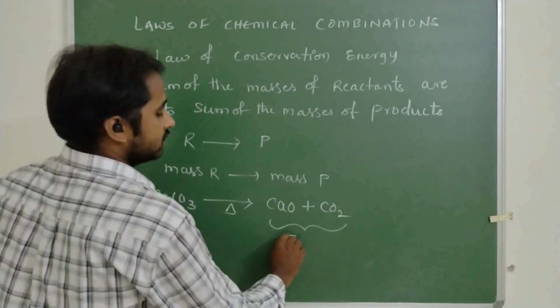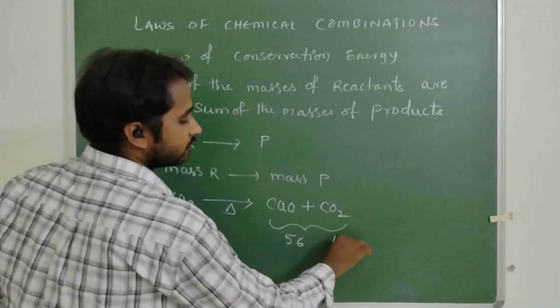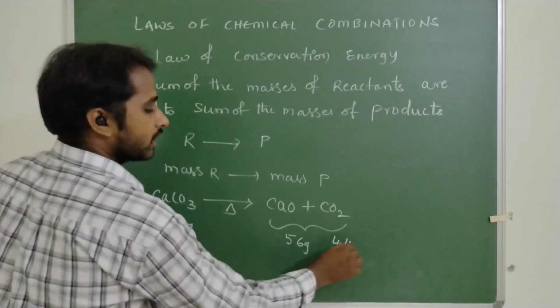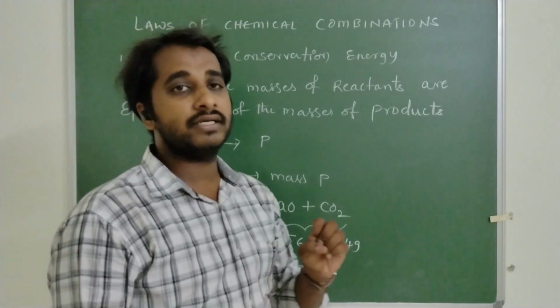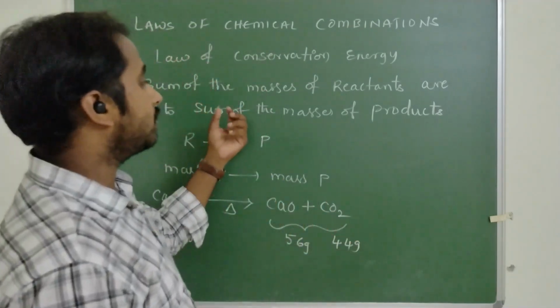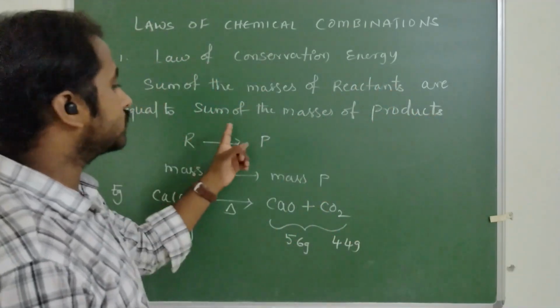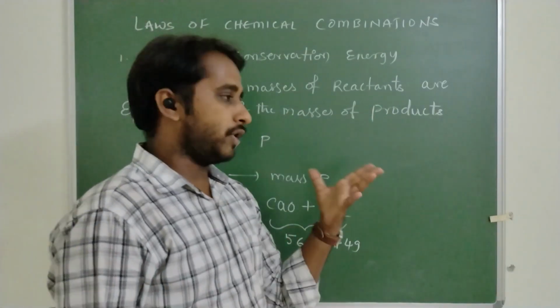For example, this is 56 grams and this is 44 grams. So, according to law of conservation of energy in terms of chemistry, sum of the masses of the reactants is equal to sum of the masses of the products.